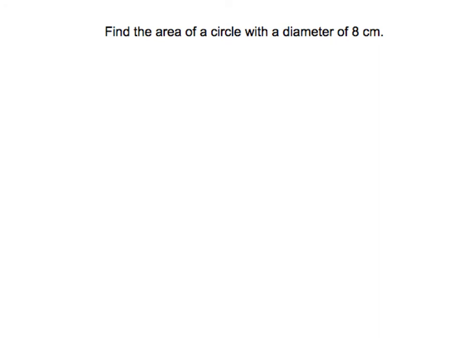Next one says find the area with a diameter of 8. So we're changing it up a little bit. We're using diameter. So area equals pi r squared. I'm going to plug in what I know. So I know 3.14 goes in for pi. The radius, though, we know is half of the diameter. So if the diameter is 8, half of this would be 4.